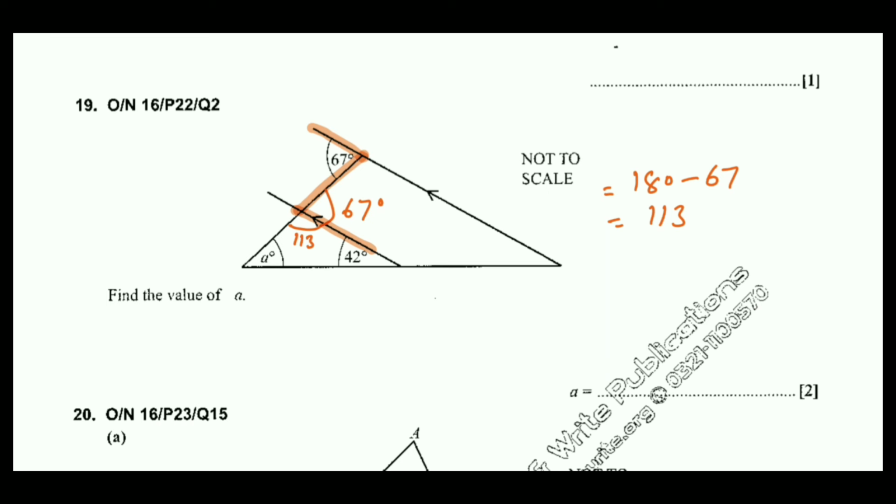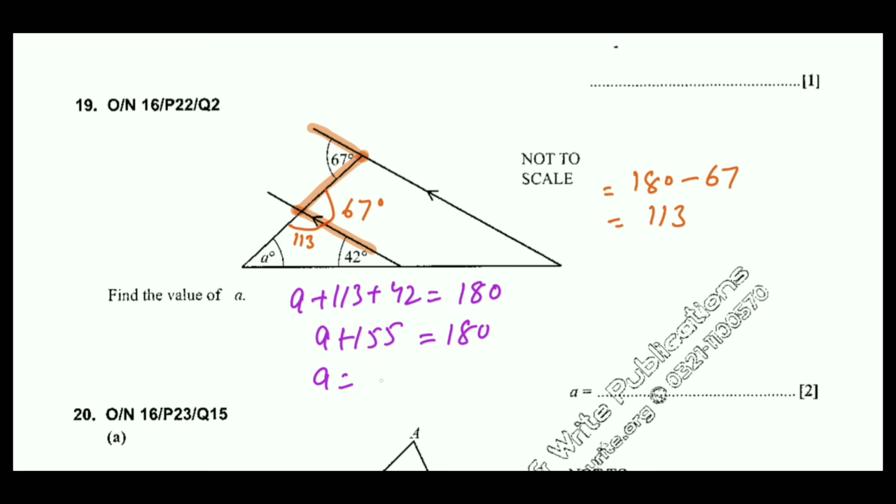So we got two angles of a triangle. So we can easily find the third one by angle sum of a triangle property. A plus 113 plus 42 is equal to 180. A plus 155 is equal to 180.